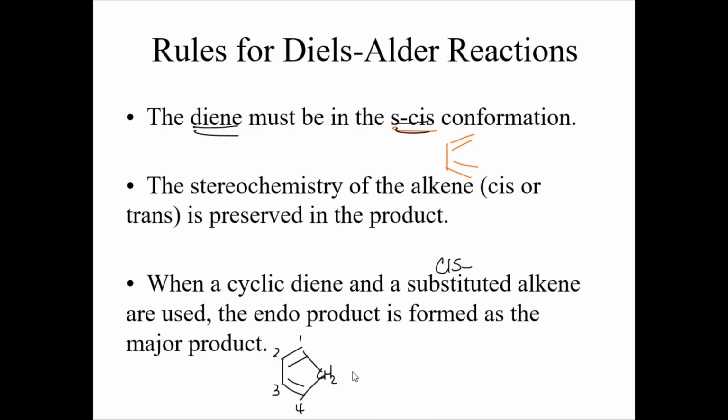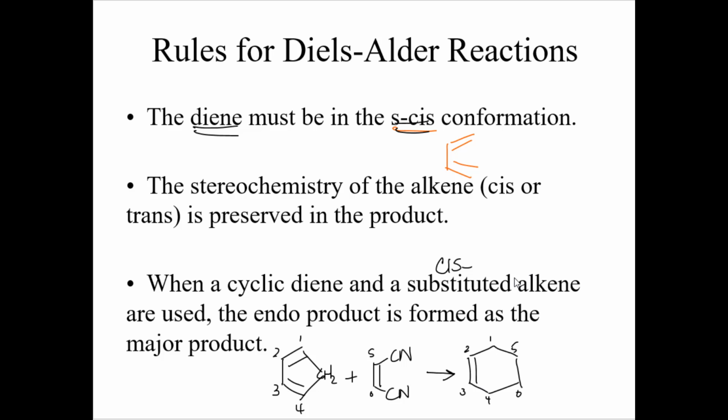And if I react that with a cis alkene, then I'm going to get a product that has, in this case, and we'll call this 5 and 6, so carbons 5 and 6.